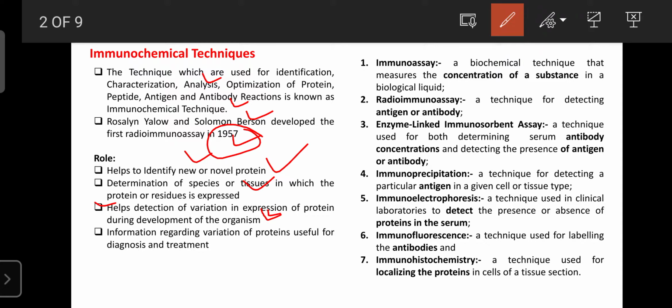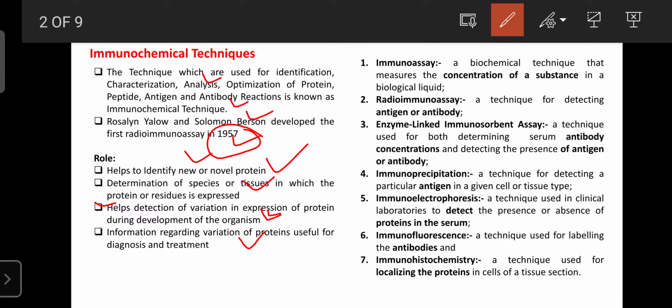Another one: the information regarding variations of proteins is useful for diagnosis and treatment. For example, in corona infection, special proteins are produced in our serum, the spike proteins, also known as the envelope proteins.